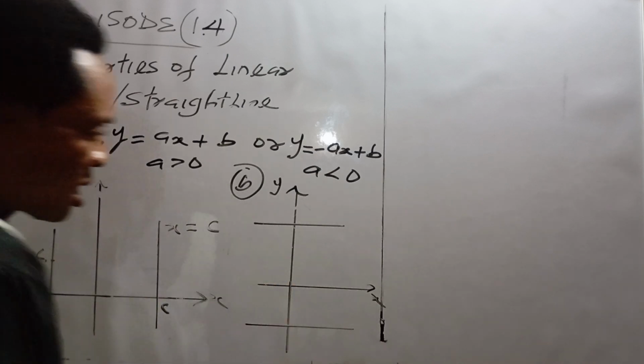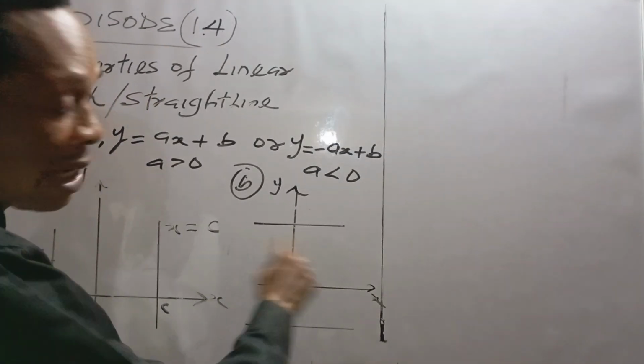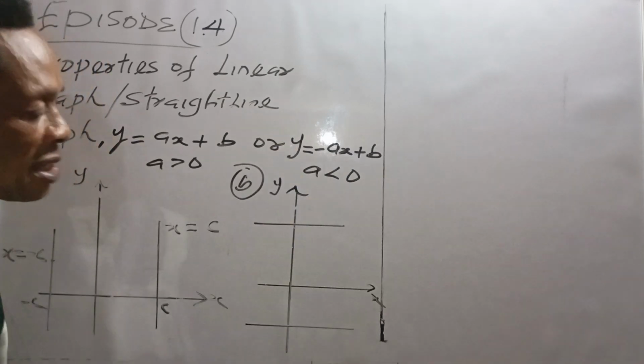Coming to this side also, you can now see that the line here intercepts the y-axis, and this is the positive side of y.